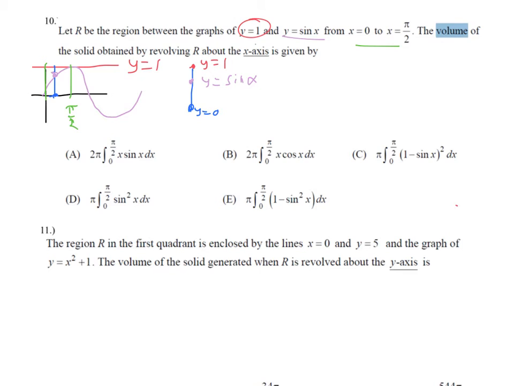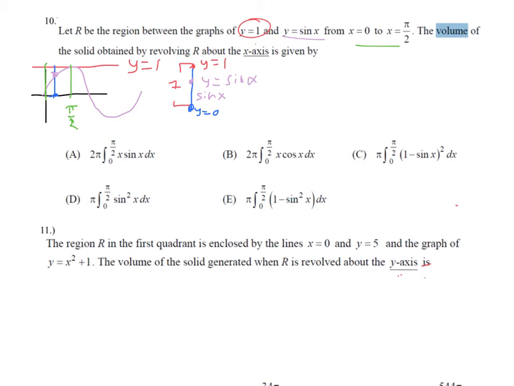The outer radius is going to be the distance from 1 to 0, which is 1. The inner radius is going to be from 0 to the sine of x, so the sine of x.